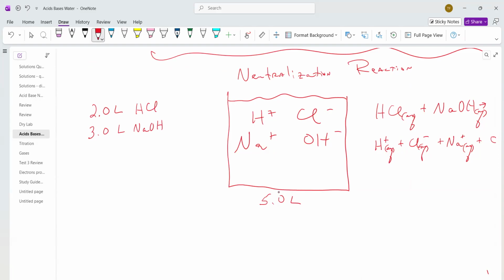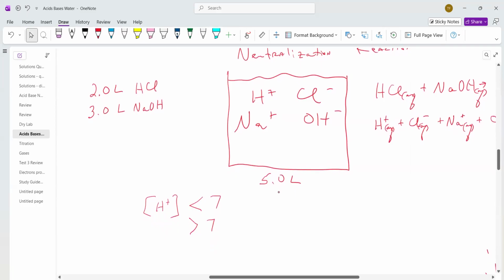I want to know, first of all, is this going to be an acidic solution when we're all said and done, or a basic solution? And then I want to know how much H plus or OH minus is left over. So what we need to do is calculate moles of H plus and moles of OH.